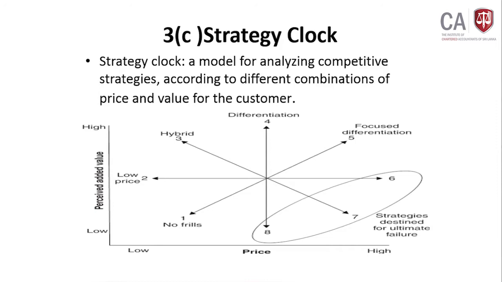Next one is the low price strategy. Under the low price strategy, what is happening? The added value amount is increased, but price remains as it is. Price remains low, but added value is increased. This is more suitable for the mass market.